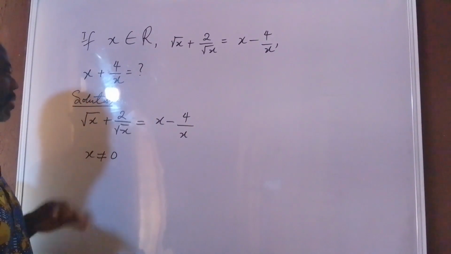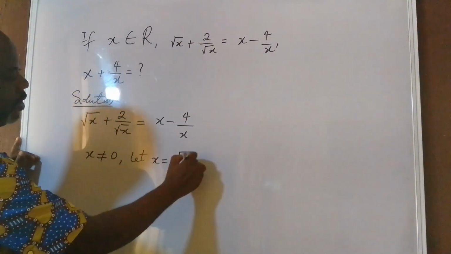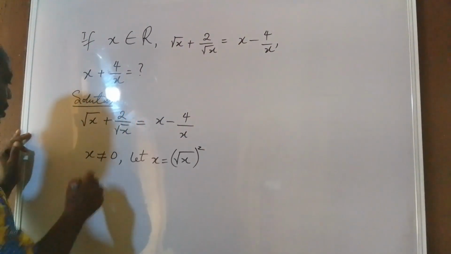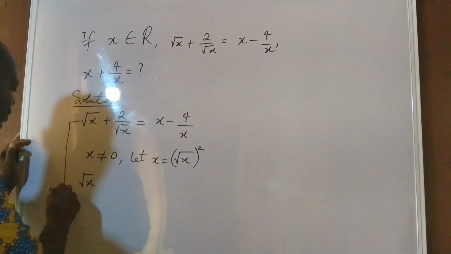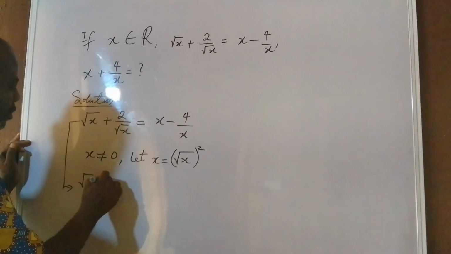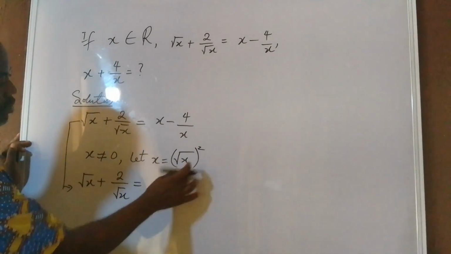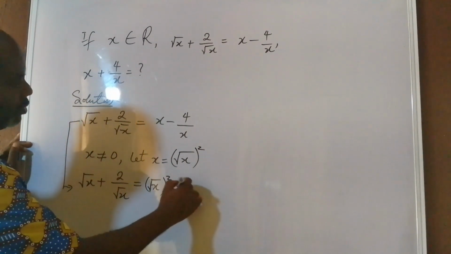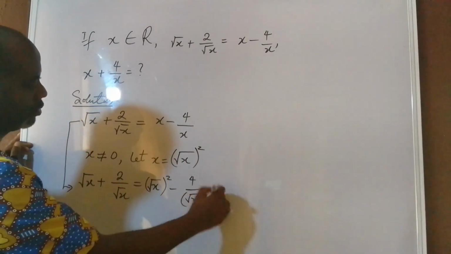Now if that is established, then I can say let x equal to square root of x all squared, and I'm going to apply this to the right hand side. So this equation becomes square root of x plus 2 over square root of x equal to square root of x squared minus 4 over square root of x all squared.